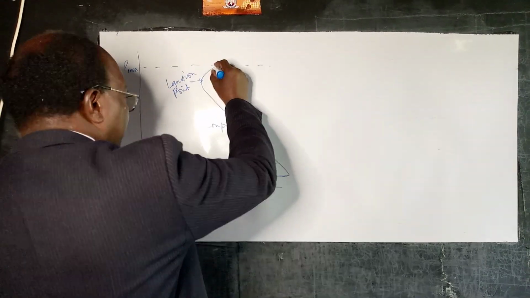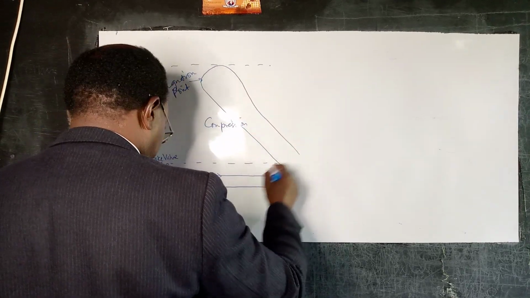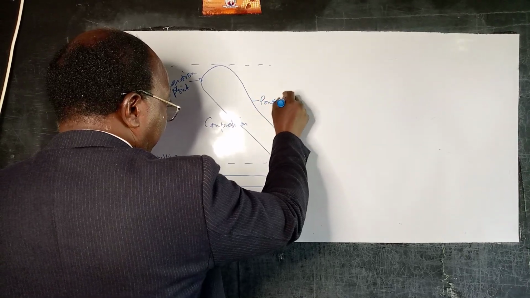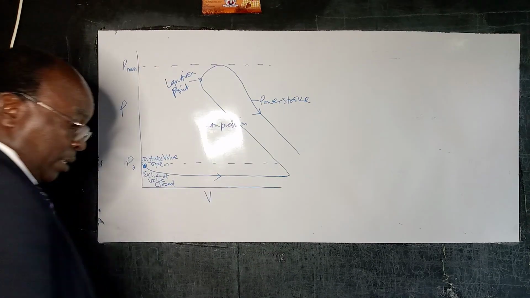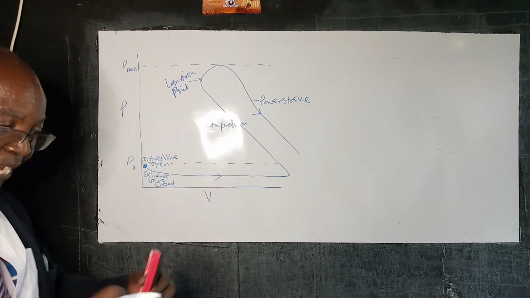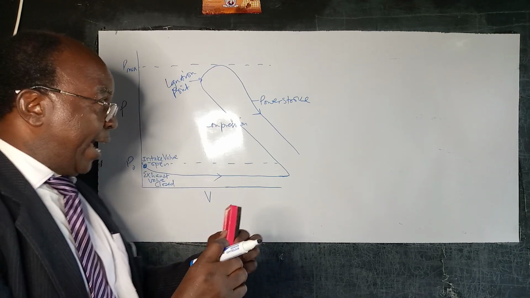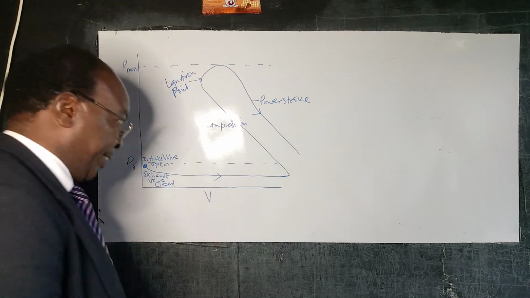Then, of course, we now have the power stroke. You have already seen what happens. You ignite it, the products produced generate high pressure in the unit, which pushes down the piston.